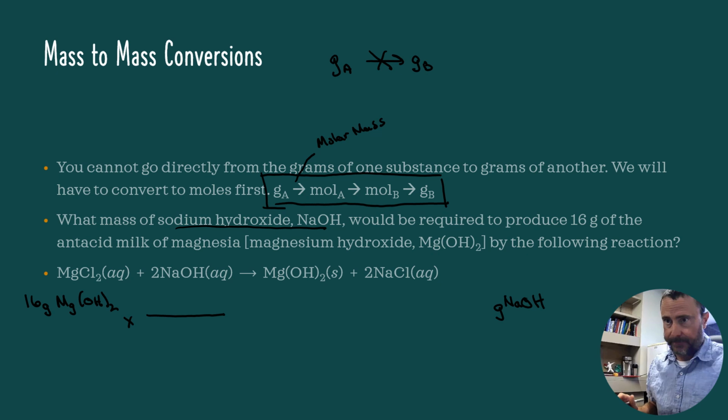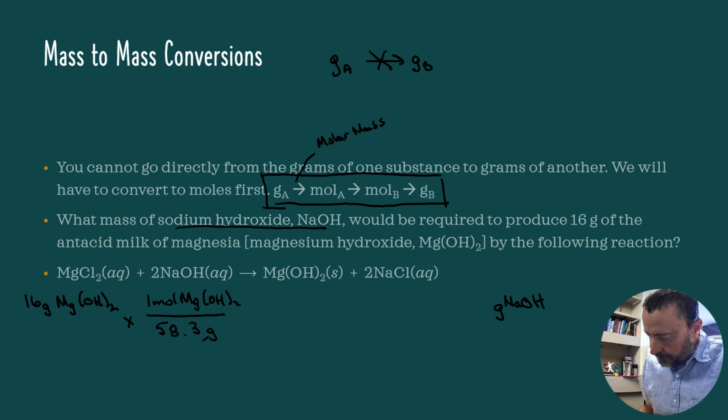That is 1 mole of magnesium hydroxide per whatever it weighs. So we figure out the mass of magnesium plus the mass of 2 oxygens and the mass of 2 hydrogens. All right, and so we've got our moles of magnesium hydroxide.